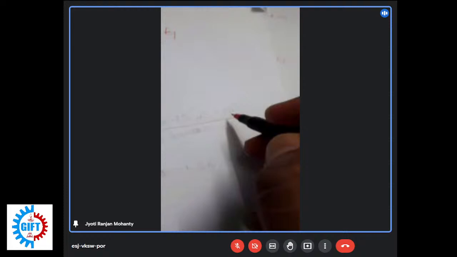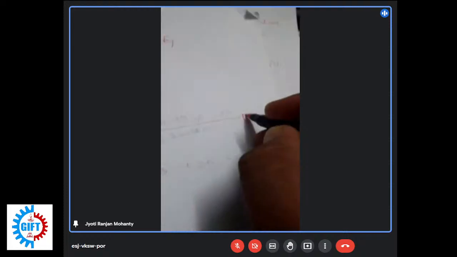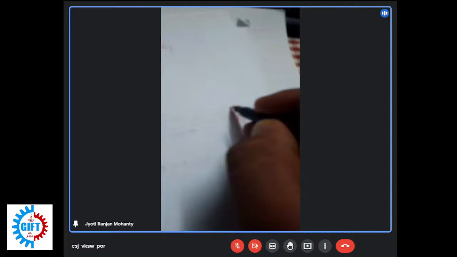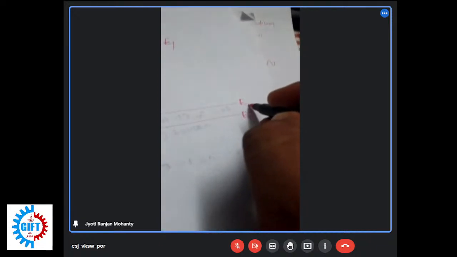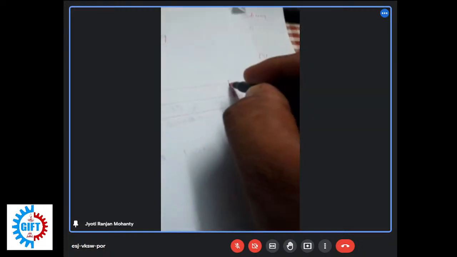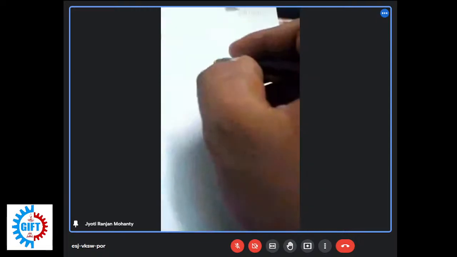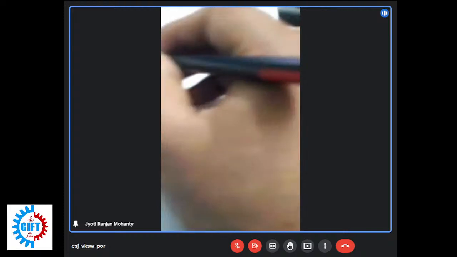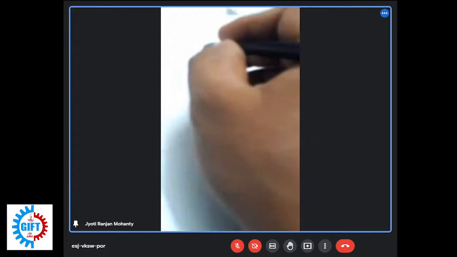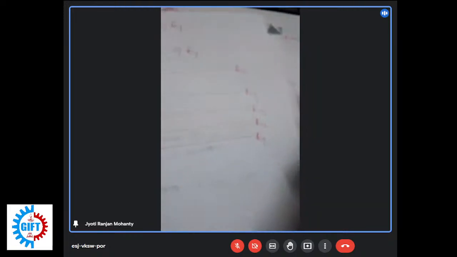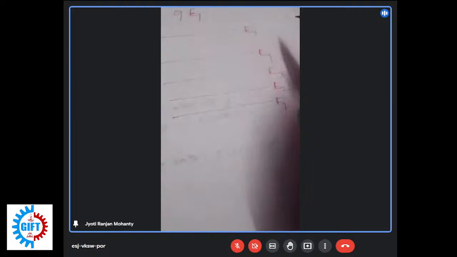This is the zero point energy, E1. The next level is the first excited state, that is your E2. Next will be E3, the second excited state, then E4, the third excited state, up to En, which is the n minus 1 excited state.